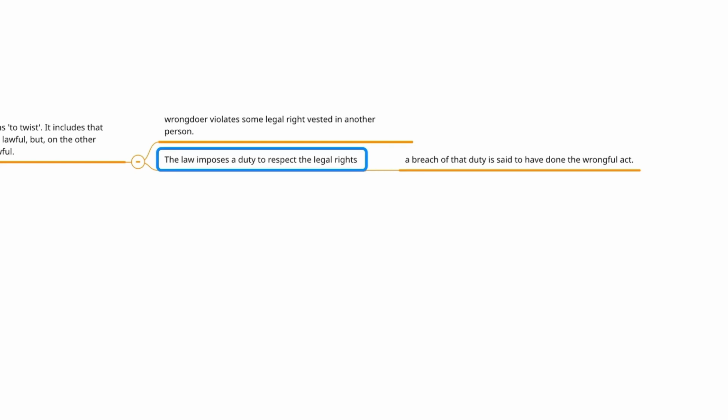Say for example, I have a right to freedom, the right to move freely throughout India given under Article 19. So I also have a duty not to interfere in someone's right to freedom or right to movement. Whenever I breach that duty to respect the other person's right, I committed a tort.